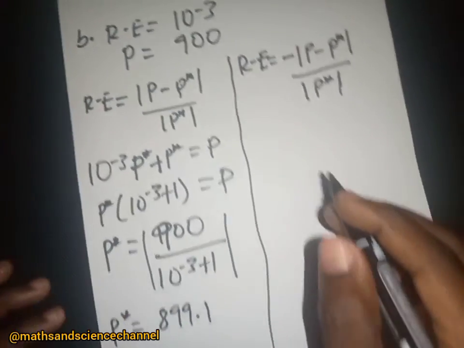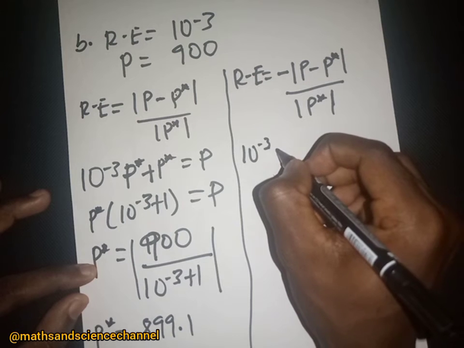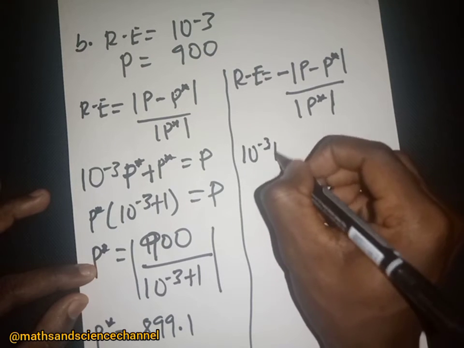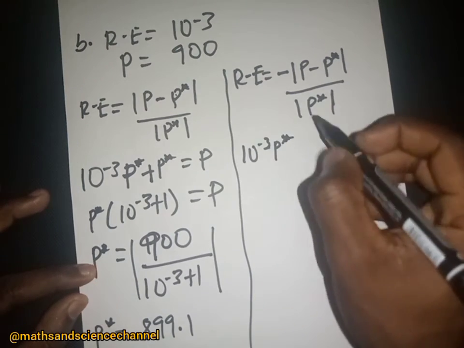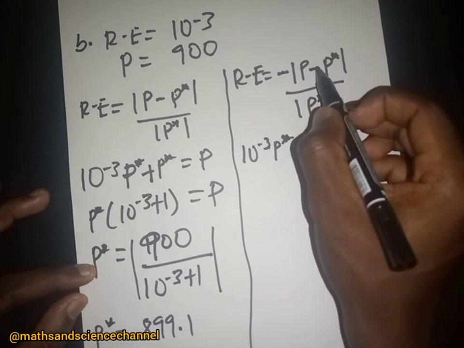and then we have this part being 10 to the power minus 3 multiplied by P star, but still remember it is negative, and this multiplication makes it positive.